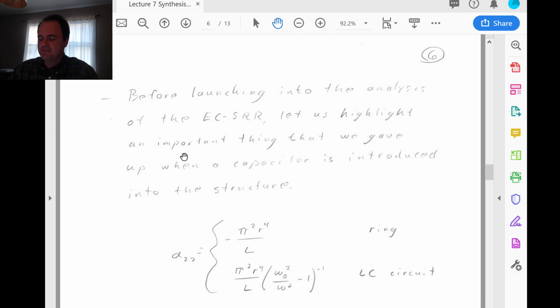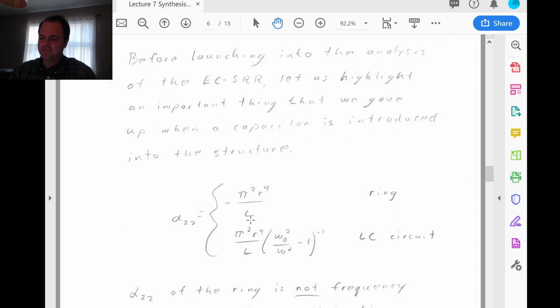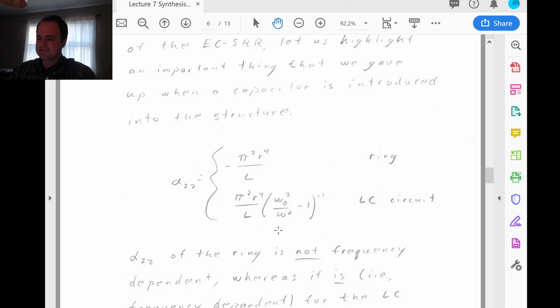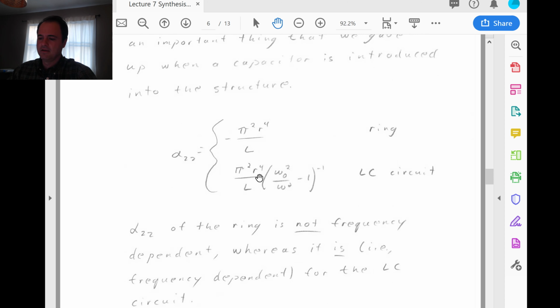So let's compare the two alphas. Before launching into it, let us highlight an important thing that we gave up when a capacitor is introduced in the structure. Okay, so here are the two alpha values, here and here. And you'll see that we have this portion of it right here with the -1 and all that. So this has no frequency dependence. L is not frequency dependent in this structure.